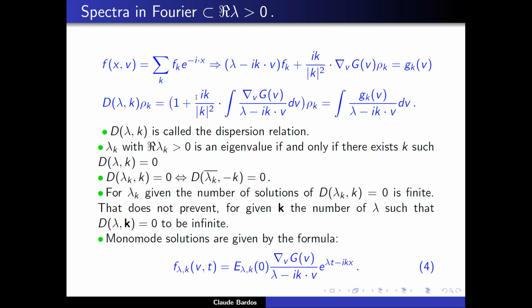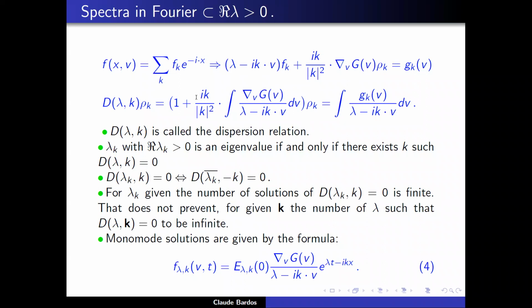And if I look at the resultant equation lambda plus A of F equals G in Fourier space, you end up with the first equation, which component by component is lambda minus ikv plus ik over k squared, gradient of G rho k equals Gk of V, which is a standard equation.